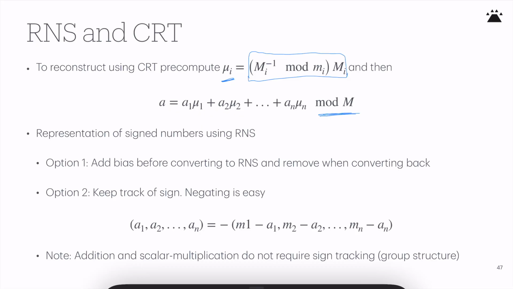Maybe just a small comment about representing signed numbers using RNS. Sometimes we want to represent signed numbers rather than unsigned. So instead of representing the numbers 0 to M minus 1, I want to represent something like minus M divided by 2 all the way to M divided by 2 minus 1, like the 2's complement representation.